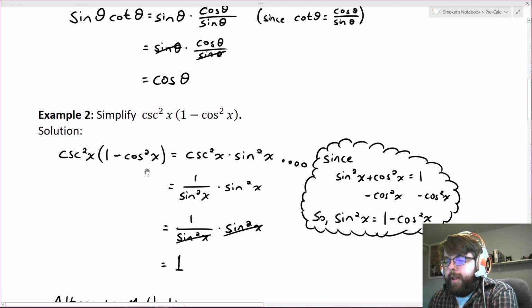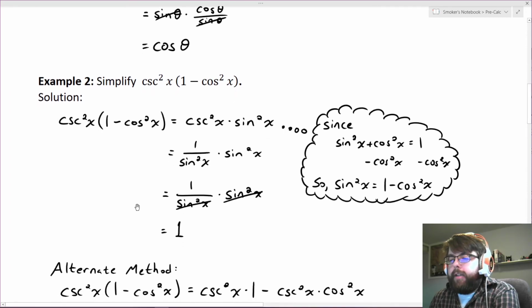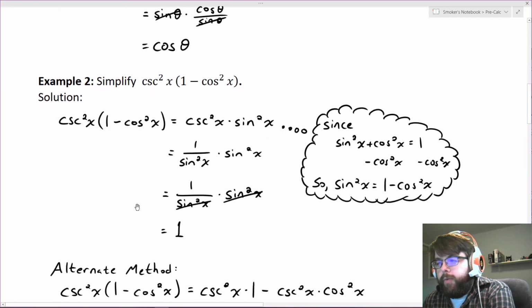Okay, so let's say you might not have realized that 1 minus cosine squared goes to sine squared. Maybe that's not obvious. There are alternate methods for most of these, and there's a lot of different ways to solve these.